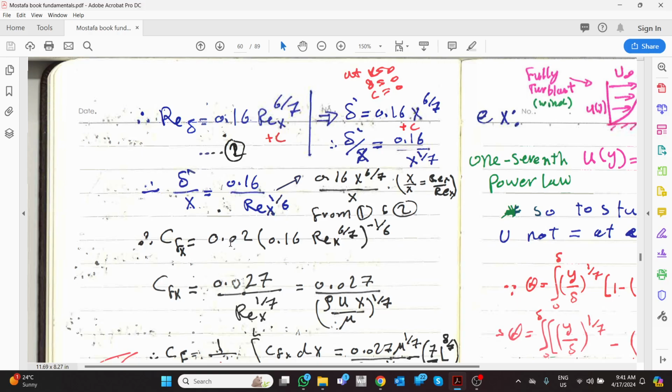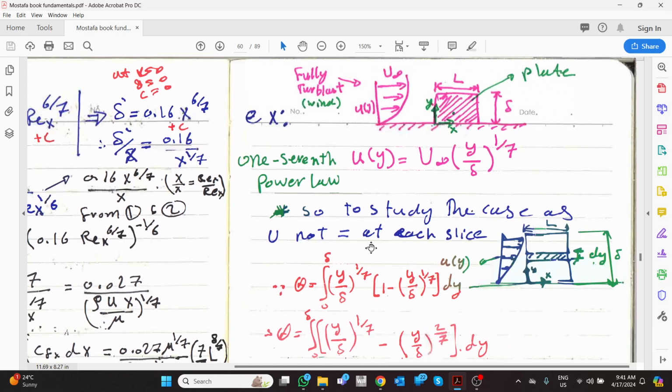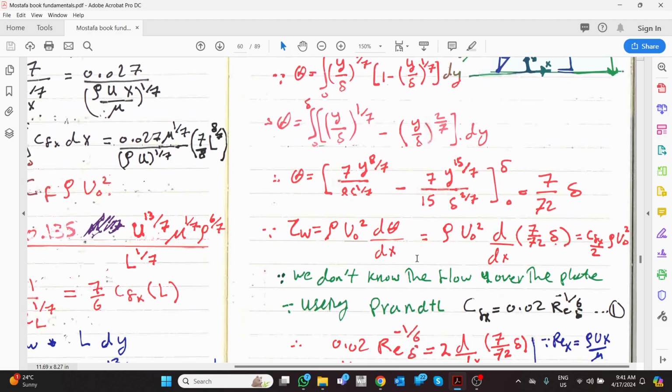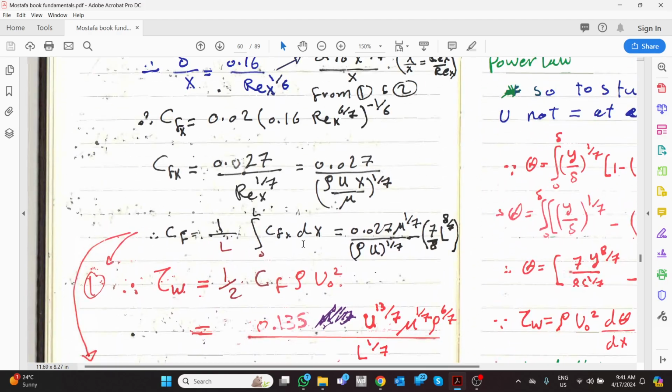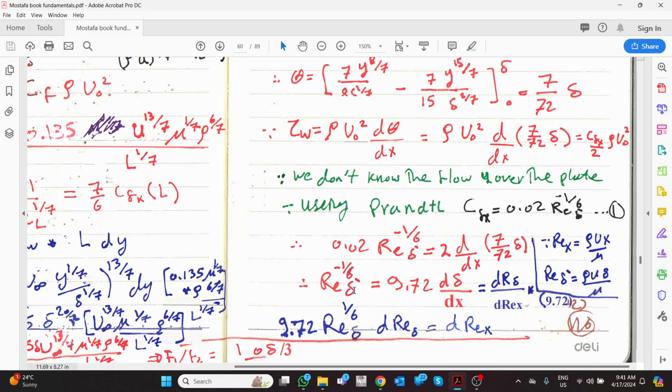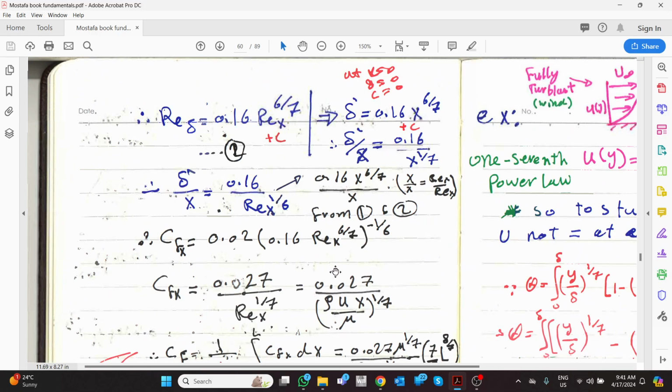CFX formula is based on, where is it, yep, here. So in the CFX formula, remove Reynolds number of delta and put in the expression of Reynolds number of x.